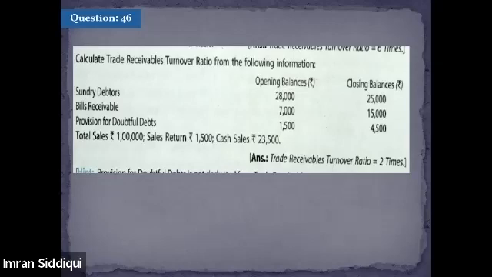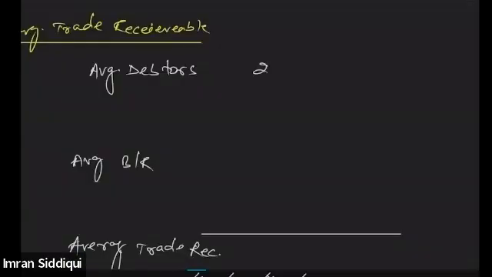To find out average sundry debtor, we'll add opening debtor and closing debtor, 28,000 plus 25,000, divided by 2. This is 26,500. Okay, this is the average of the debtor.